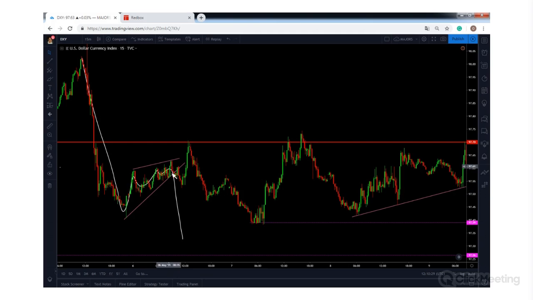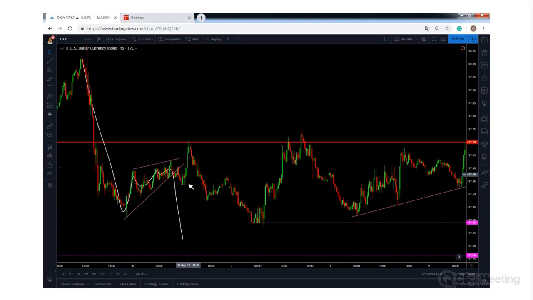We were expecting a break below and a continuation of the down move. Now, that didn't happen. We broke below the purple wedge and below the 97.55 level, which was the immediate base that we needed the DXY to break in order for a continuation.